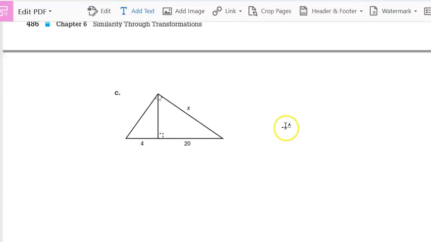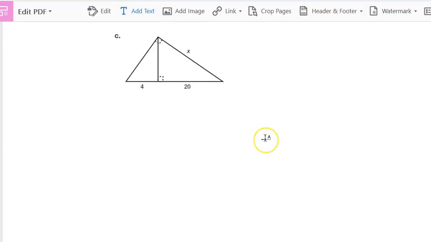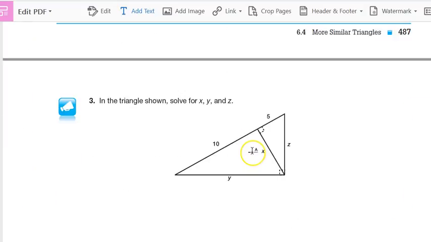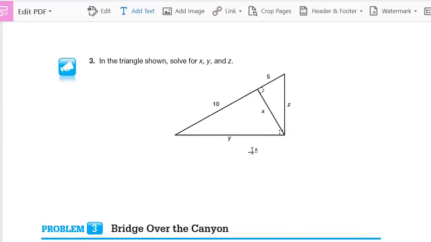And that's the idea there. And here you have x over 20 is equal to 24 over x, and then solve. And here you have x over 2 is equal to 8 over x, right? That's how those are done, and to solve x, y, and z.